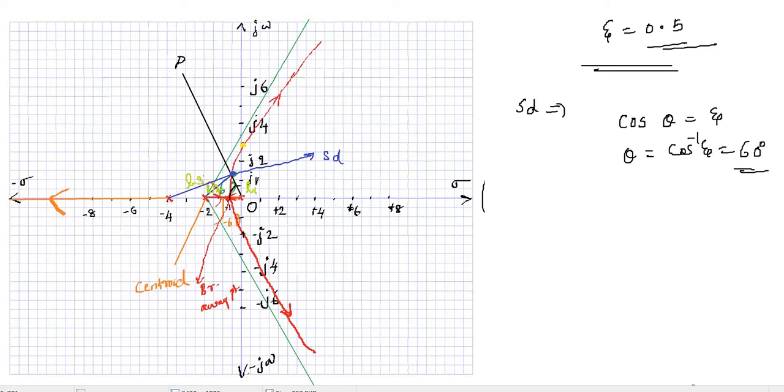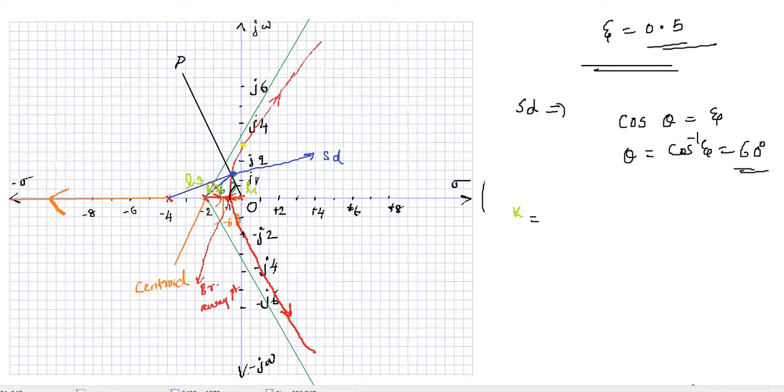Now the value of K corresponding to the dominant pole is the product of the lengths of vectors from all open loop poles to the point S equal to SD.